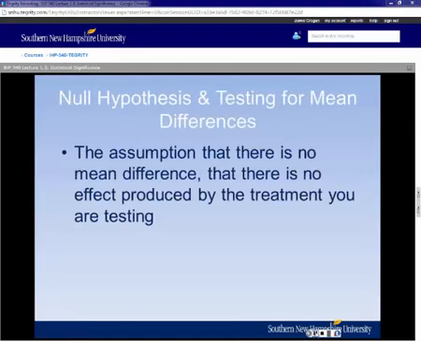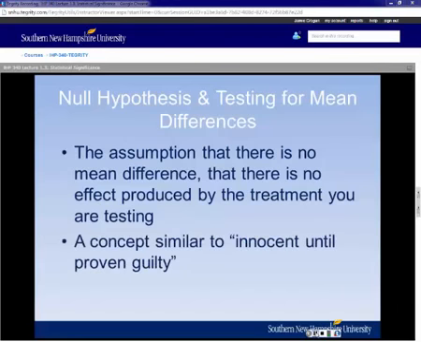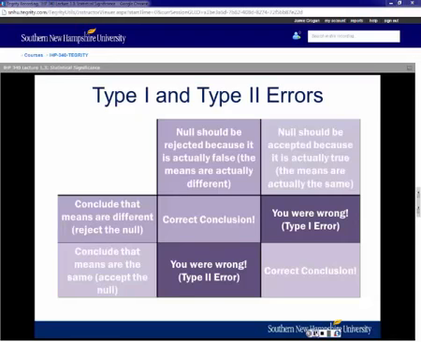We can do the same thing here. The null hypothesis is the assumption that there is no difference between these groups, or that there is no effect of the treatment that you applied. Again, similar to innocent until proven guilty, there is no effect of a treatment until we gather enough evidence to prove otherwise. We can have the same truth table, it's the same layout, type 1 and 2 errors are in the same places, except now we're concluding that the means are different or the treatment had an effect, or we conclude that the means are the same, the treatment did not have an effect.